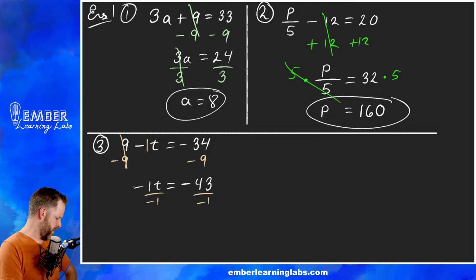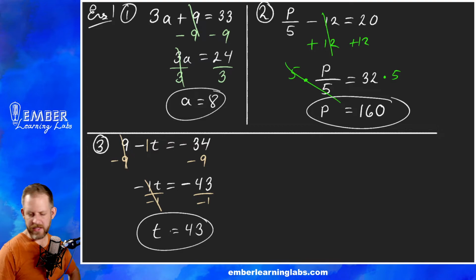Divide by negative 1. Sorry, got a little cough. t equals negative 43 divided by negative 1 is positive 43.